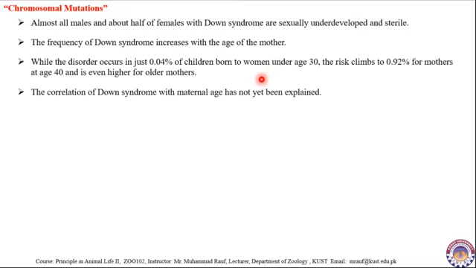gametogenesis. Gametogenesis, that is oogenesis, starts in the human female even before her birth, when the female is herself developing in her mother's womb.